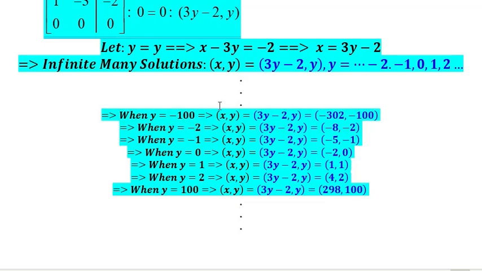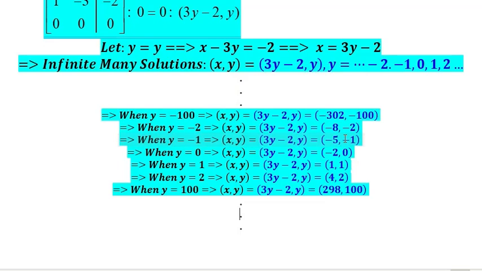When y is minus 2, x is 3 times minus 2 is minus 6, minus 6 minus 2 is minus 8. When y is minus 1, x is 3 times minus 1 is minus 3, minus 3 minus 2 is minus 5.